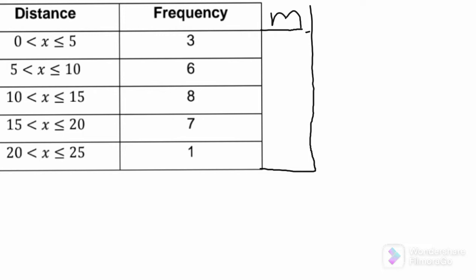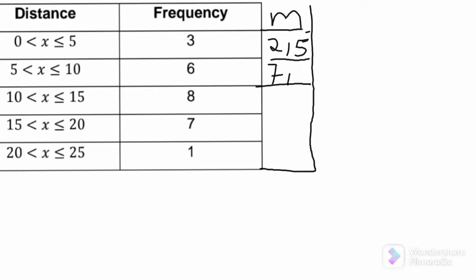So the midpoint between 0 and 5, we know that it's 2.5. Let me write it properly so that you can see. So you have 2.5. There we go. And then the midpoint between 5 and 10 is 7.5.